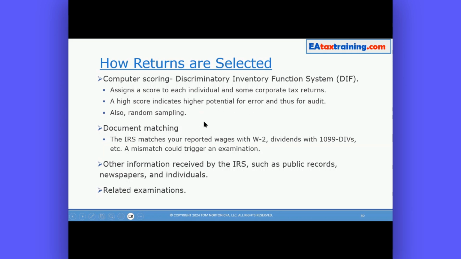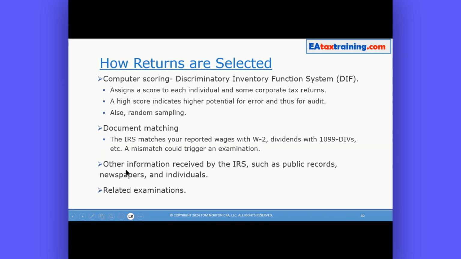But also there is random sampling. So they do just take some returns. Yours just happens to get picked and it gets audited. There's also this document matching. This is where the IRS matches your reported wages with your W-2 or your 1099, etc. And if there's a mismatch, it could trigger an examination. We'll talk a little bit more about that here in a minute.